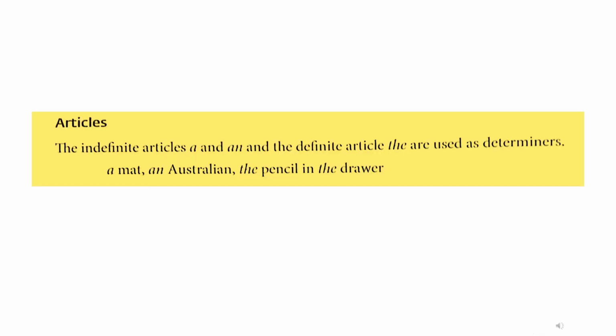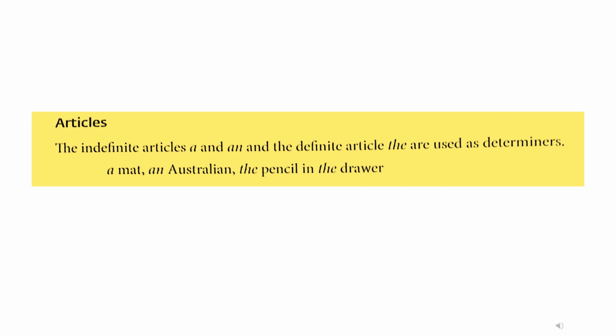First one, articles. As we already know, there are three articles in English. They are a, an, and the. The indefinite articles a and an and the definite article the are used as determiners.